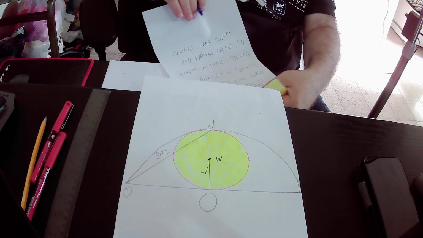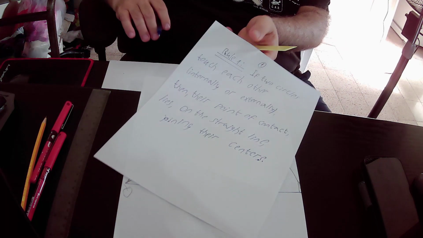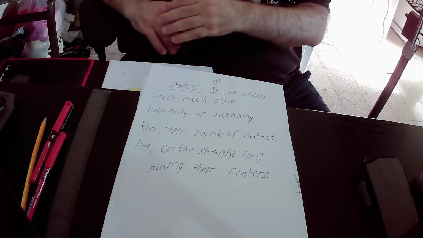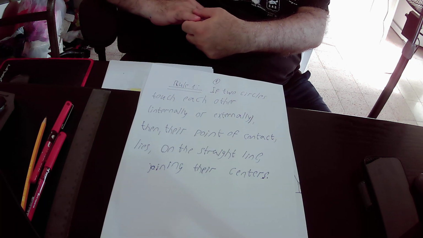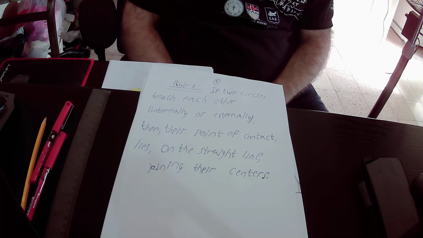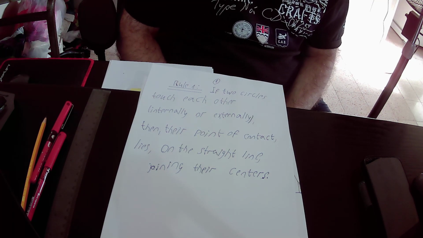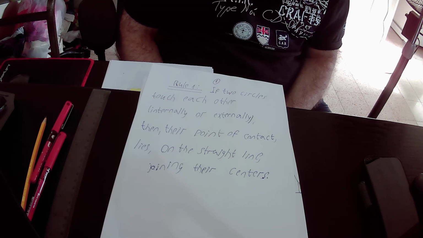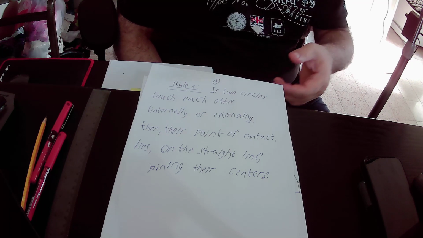So I will read again rule number one. Rule number one states that if two circles touch each other either internally or externally, then their point of contact lies on the straight line joining their centers.